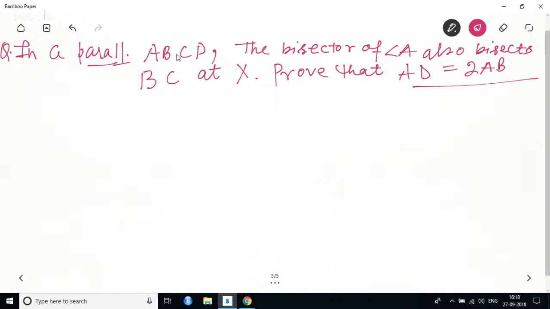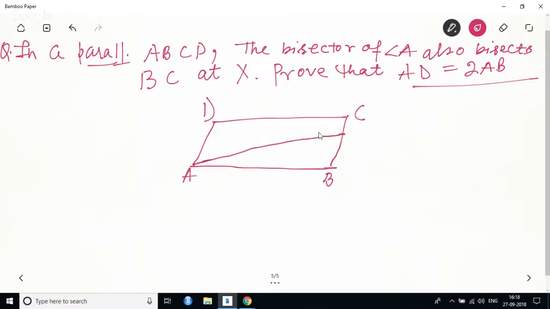So now guys, look at here. Suppose I have a parallelogram here and this is A, this is B, this is C, this is D. So bisector of A would be something like this.